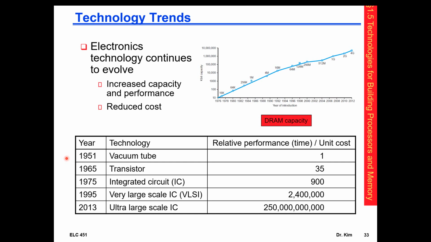These are the increases in the relative performance per unit cost of the technology that has been enabled by what Gordon Moore was talking about. So this is a mere 60 years.